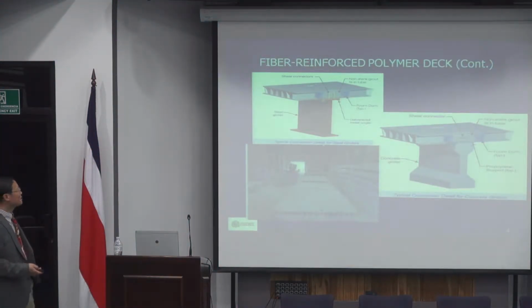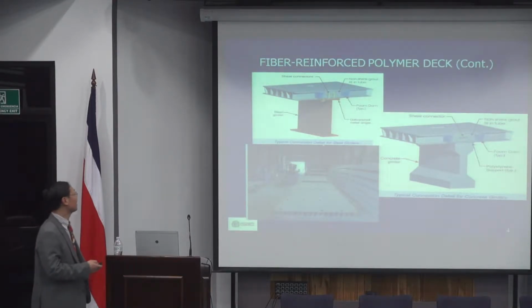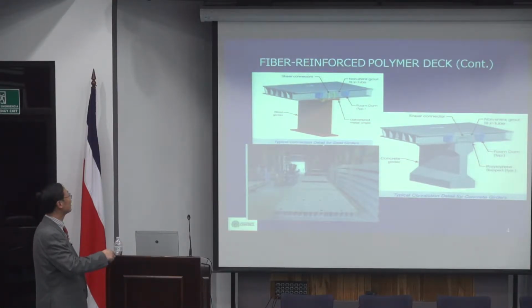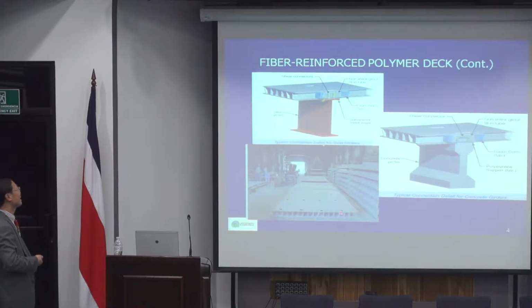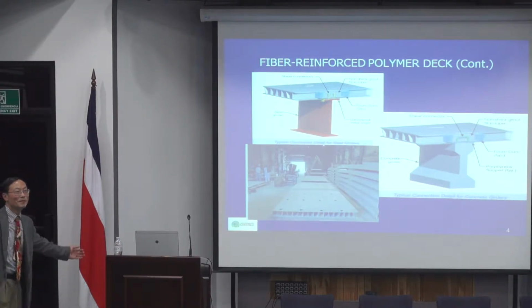So how were these decks built? The deck is made of a plate with tube things with voids, similar to a void slab, but very, very light. When they fabricate it, it was about that wide. In the factory, they glue them together to form about 3 meters wide.